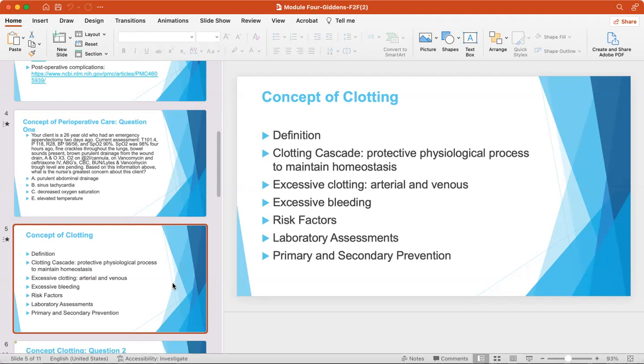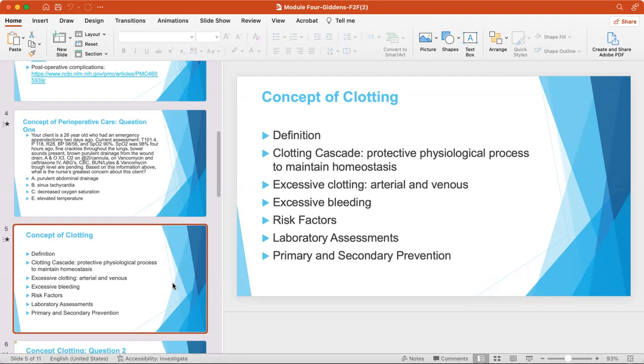So that is a condition referred to as disseminated intravascular coagulation, and then genetic counseling is recommended for primary prevention and screening prior to surgery or procedures.